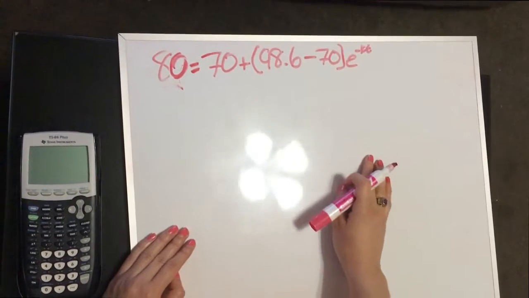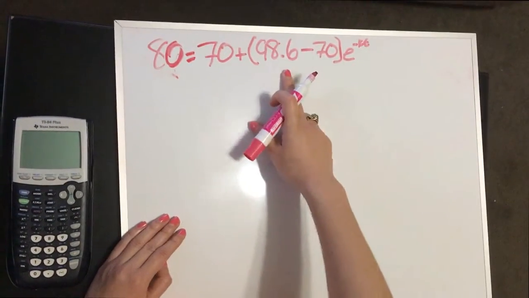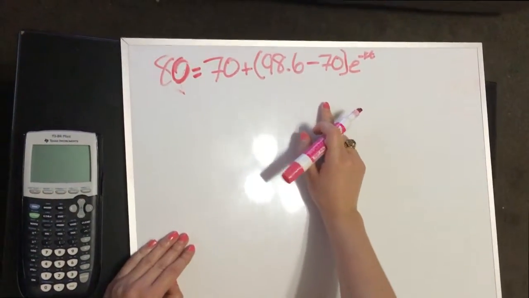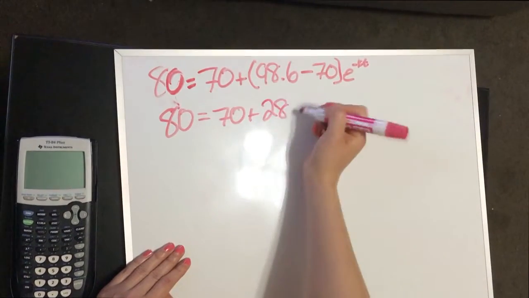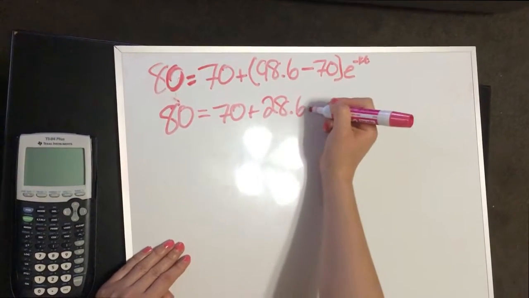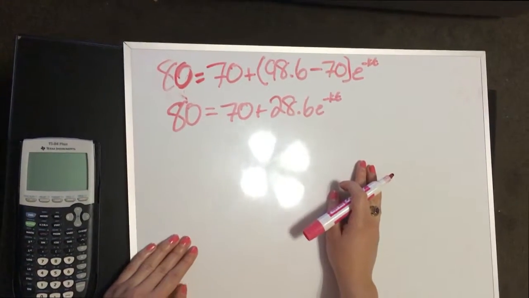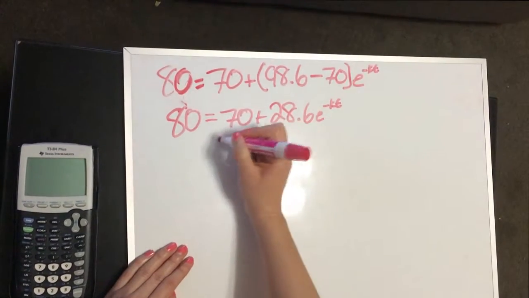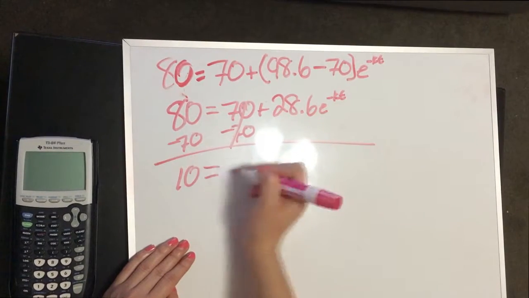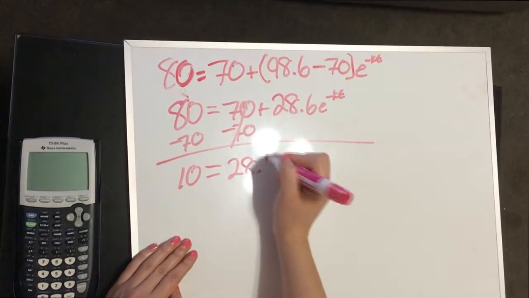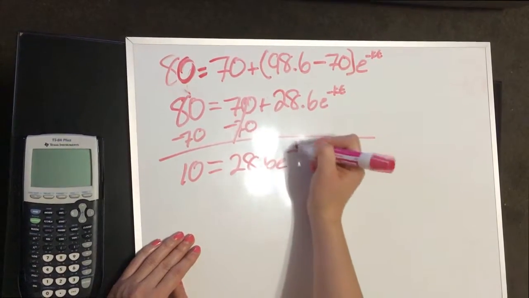So now we're going to subtract 98.6 minus 70, which gives us 28.6 e to negative kt. Then we're going to subtract 70 to each side, which gives us 10 equals 28.6 e to negative kt.